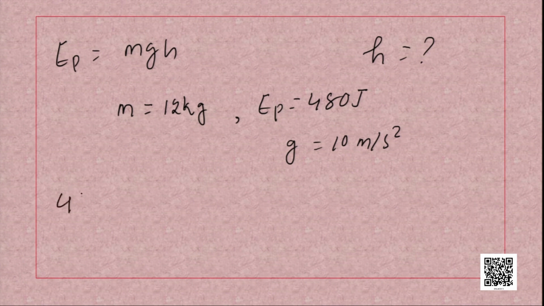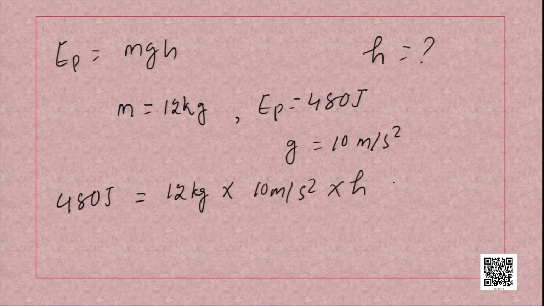After we substitute these values, 480 joule will be equal to 12 kg multiplied by 10 meter per second square multiplied by h, which is the height, and if we solve it, h will be equal to 480 divided by 120. Height will be nothing but that unit will be meter.